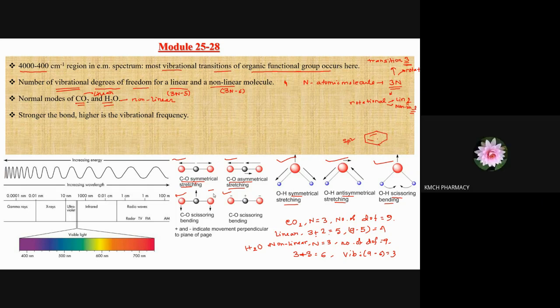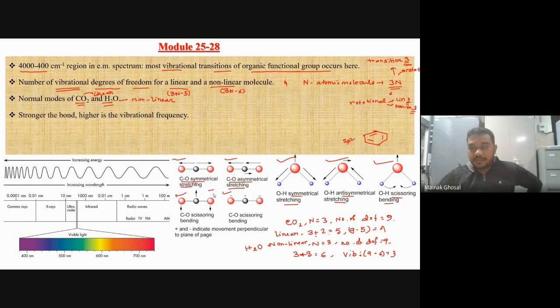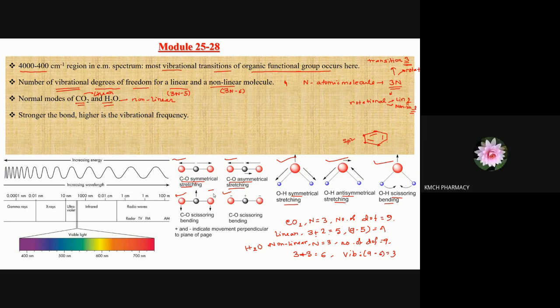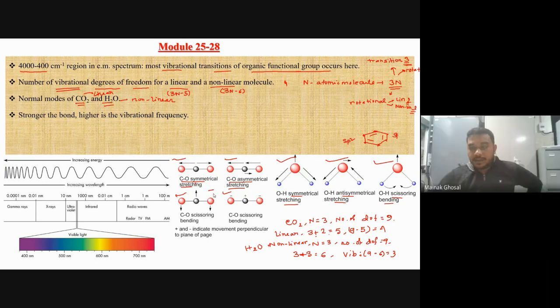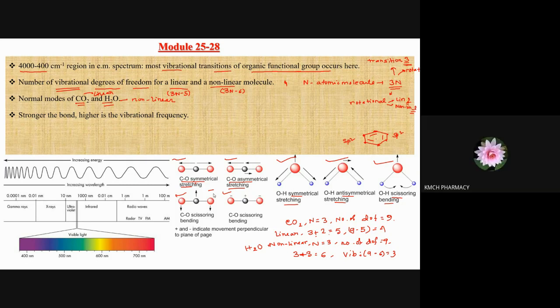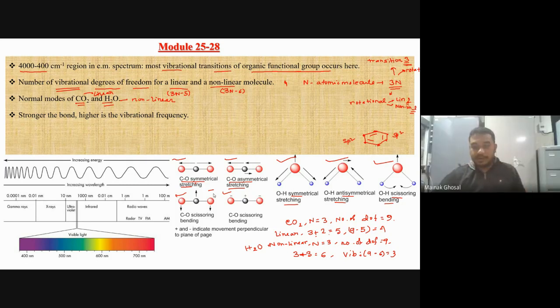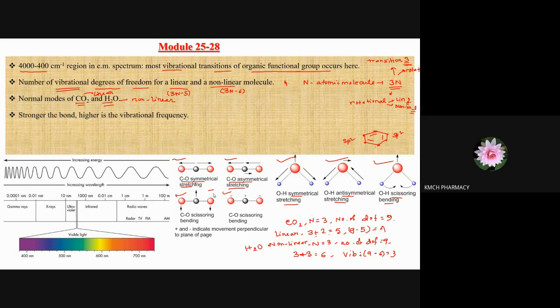What is the hybridization of this carbon? sp2. And sp2 carbons are generally in plane. So all the carbons will be in plane. In that way, you can predict what kind of molecule it is if you don't know the structure. Okay, that's fine.